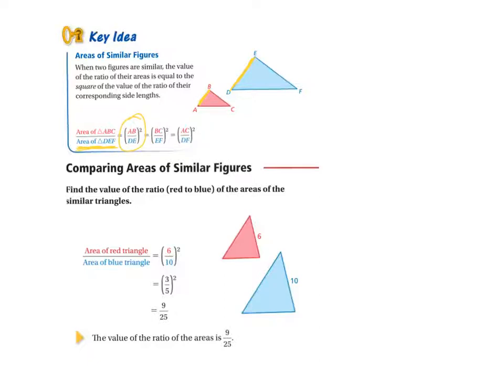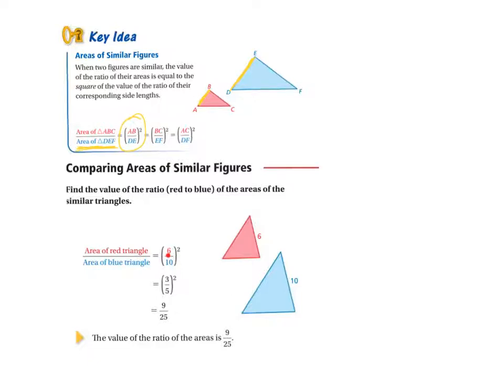Okay, and so as you can see down here in their example, they took the area of the red triangle and set it equal to this ratio of 6 to 10. 6 for the red triangle, blue. It's going to be important to keep these in line. So red and blue, and then they square it.